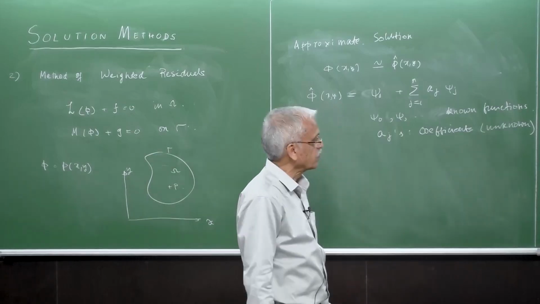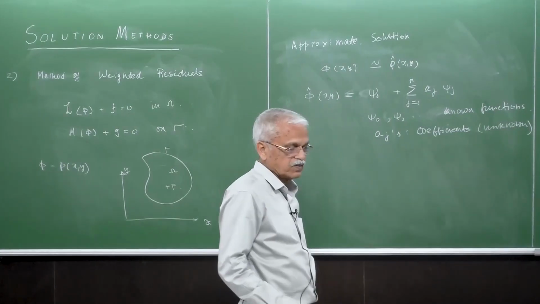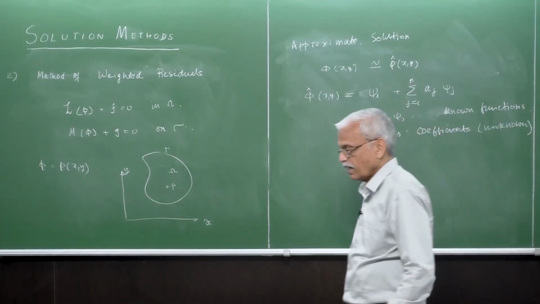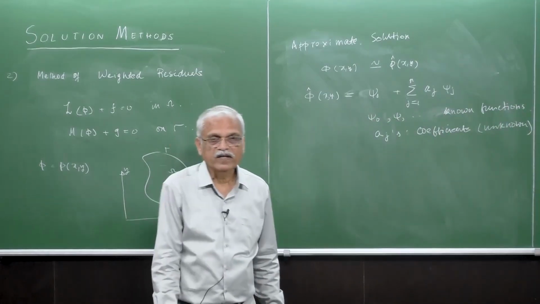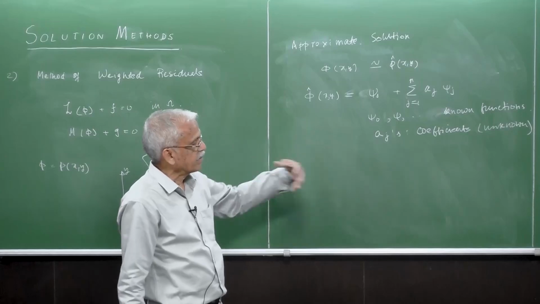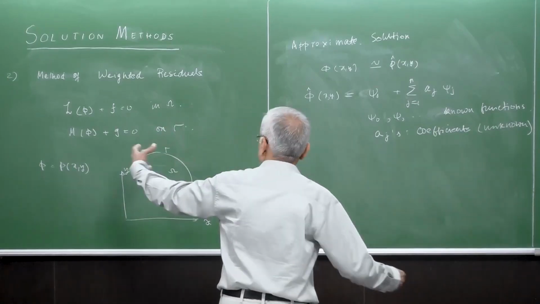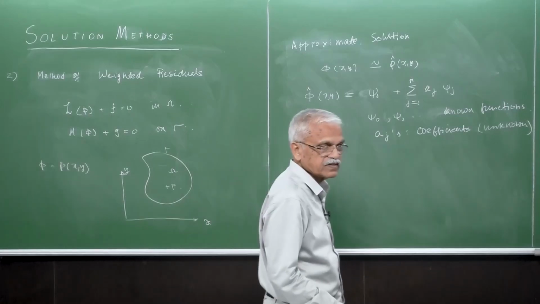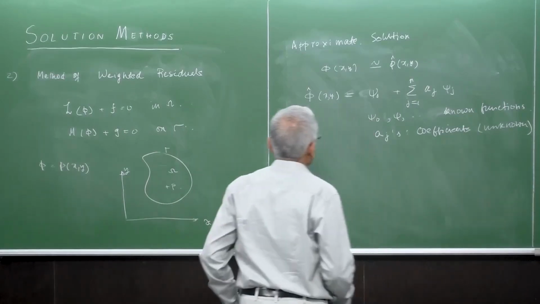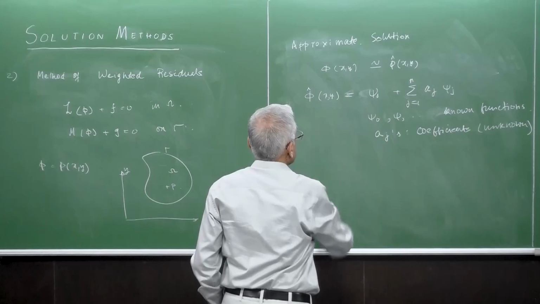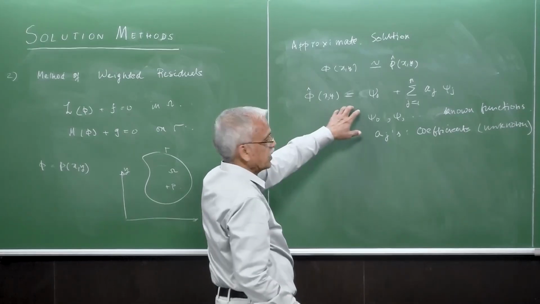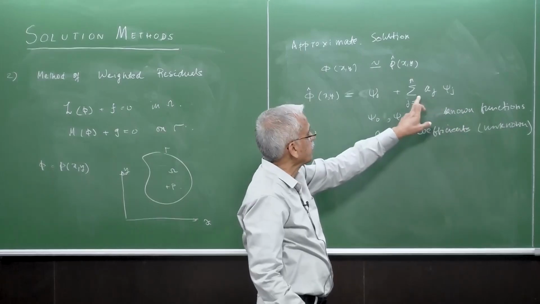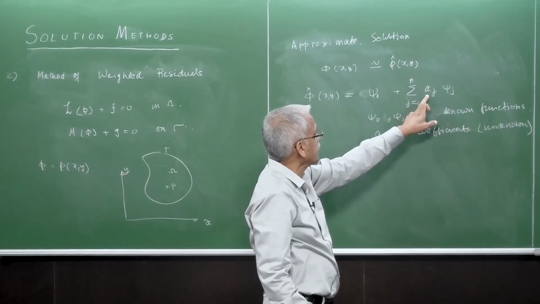So these are unknown coefficients which we have to find out, and we will devise a methodology for how to find out these aj's, satisfying all these equations, how to satisfy these equations in the best manner. Okay, so this is the approximation which we are assuming as a linear combination here. So what we need to do is find out these coefficients.